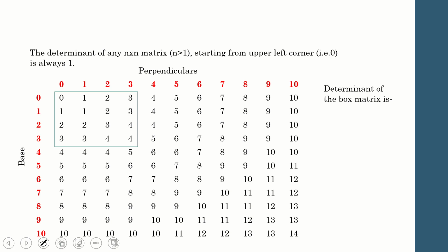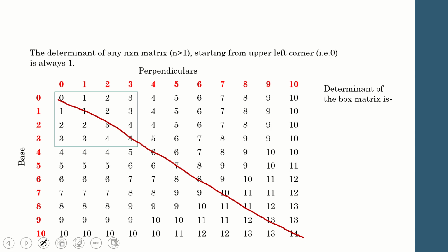Actually the entire 11 by 11 matrix will give you one determinant, that is 1, and this happened because of the property of this symmetry. The symmetry has given one more idea, that its determinant comes to 1.